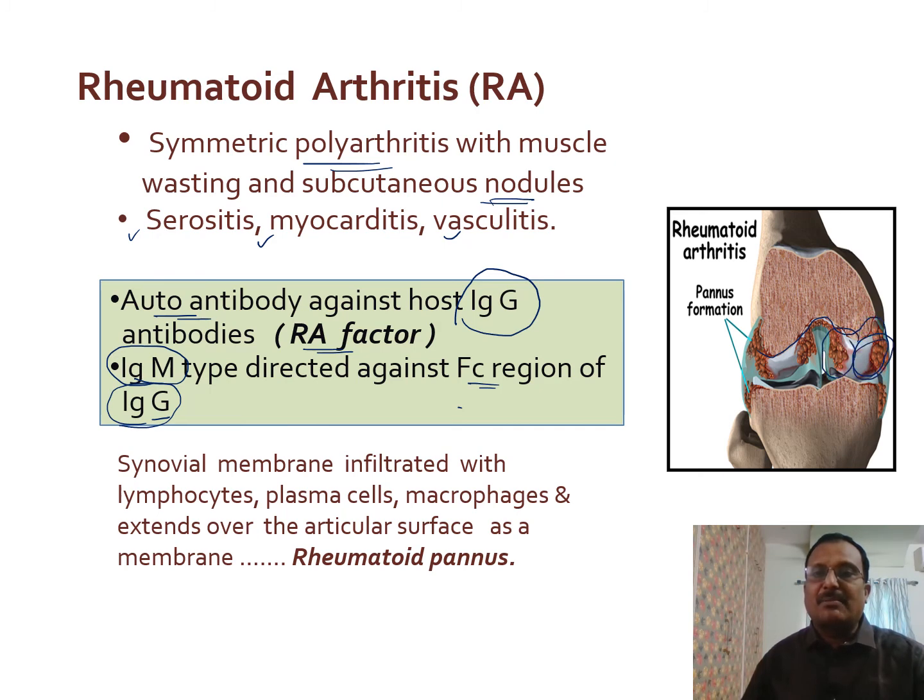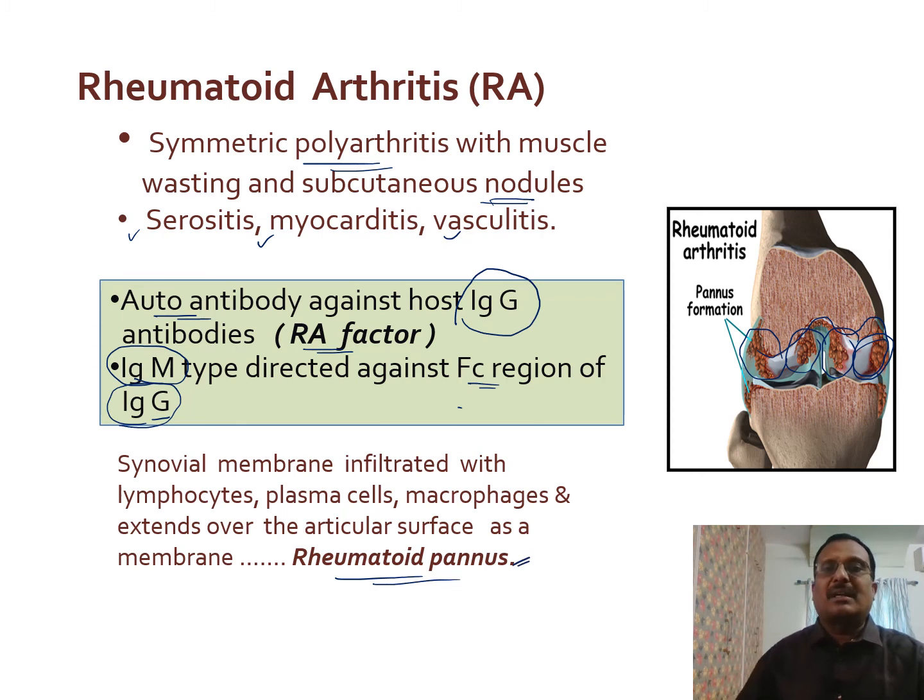These are all inflammatory cells, like lymphocytes, plasma cells, and antigen presenting cells. All these are present on the articular surface of the synovial membrane, which is known as rheumatoid pannus. And because of the formation of this rheumatoid pannus, people usually suffer with severe pain.